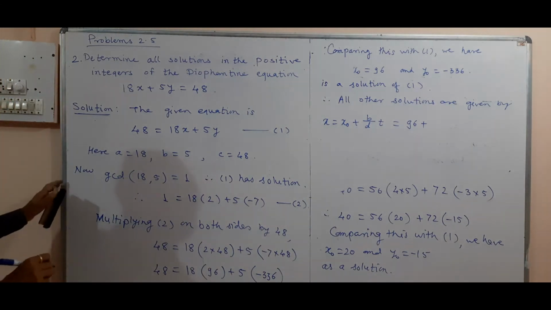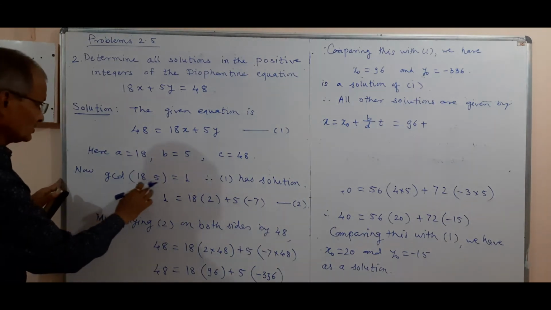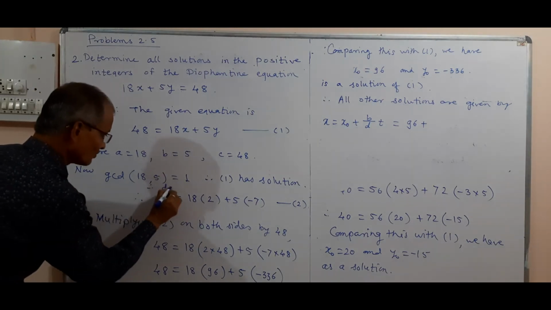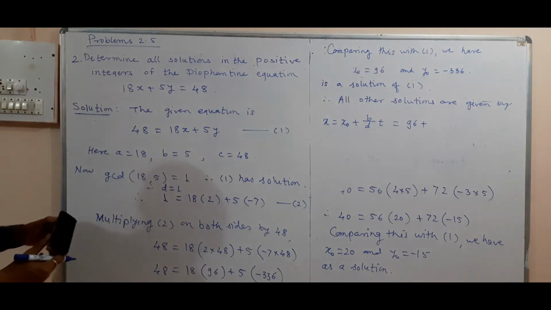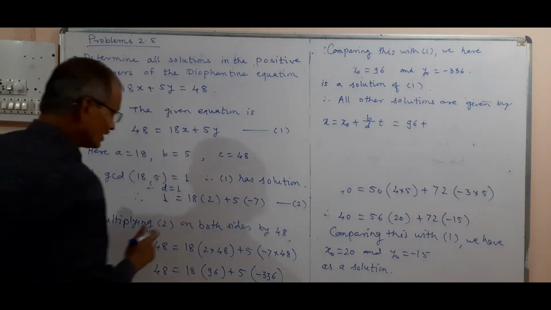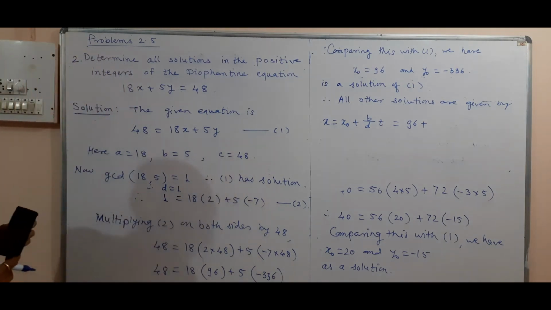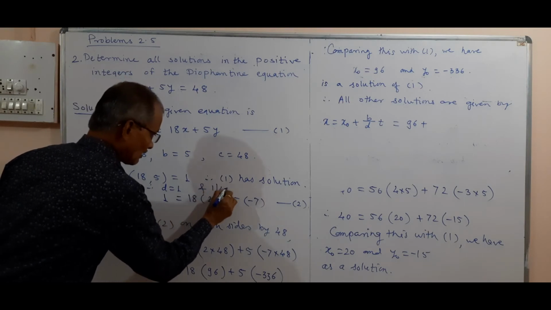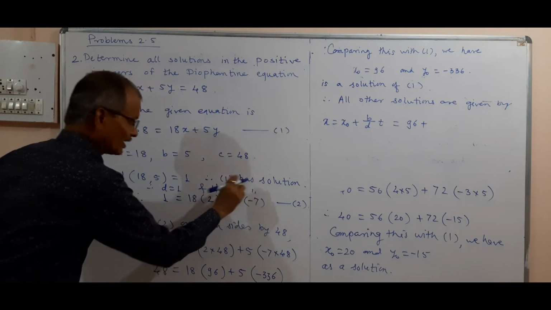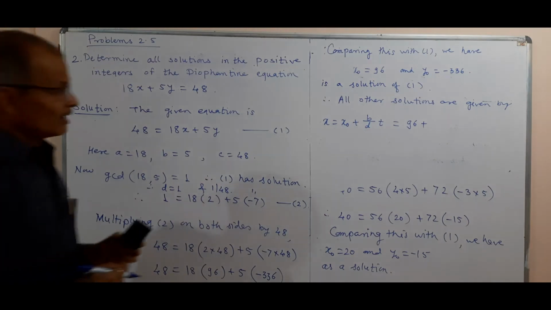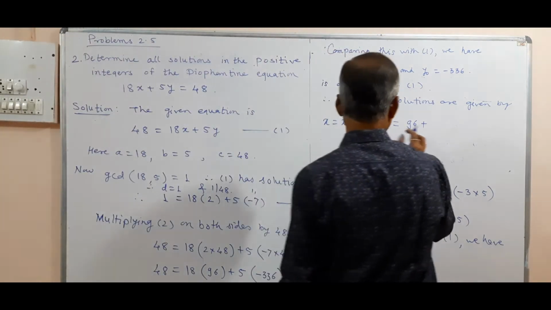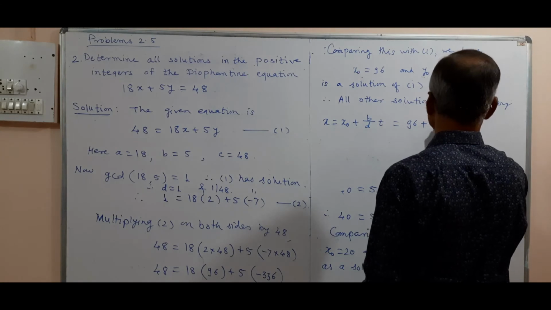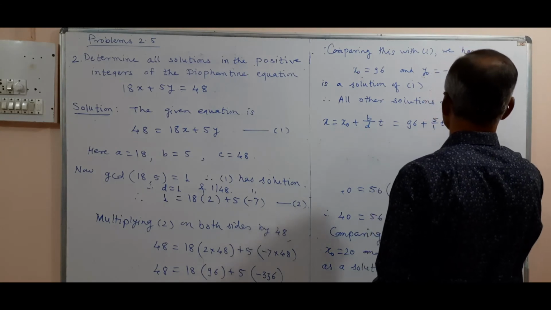So you should note that this GCD is 1, and you may consider d is equal to 1, and therefore d divides 48, 1 divides 48, and therefore 1 has a solution. This is the reason.